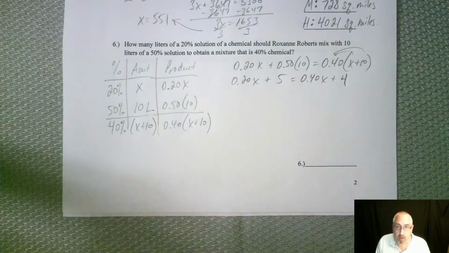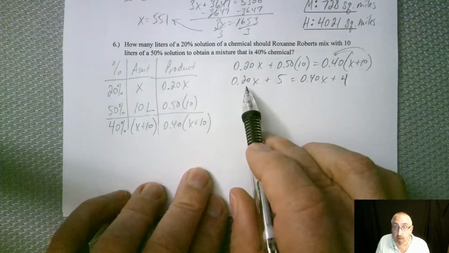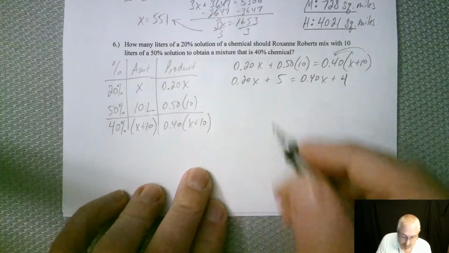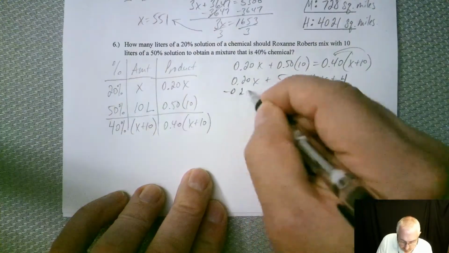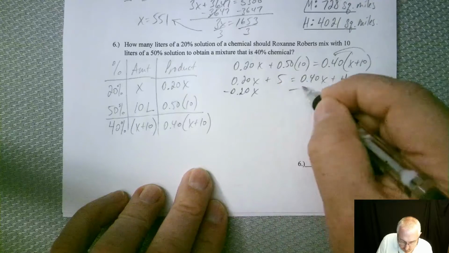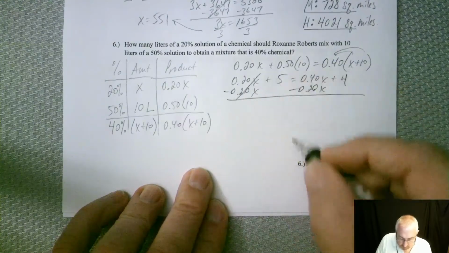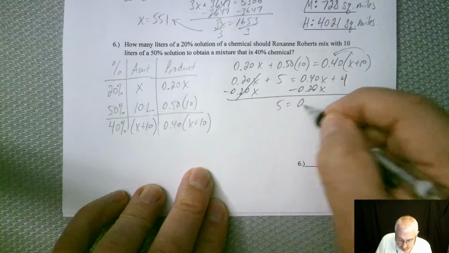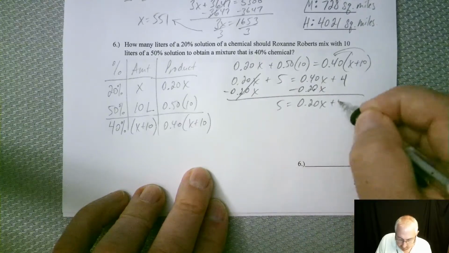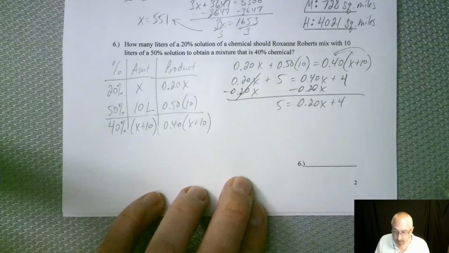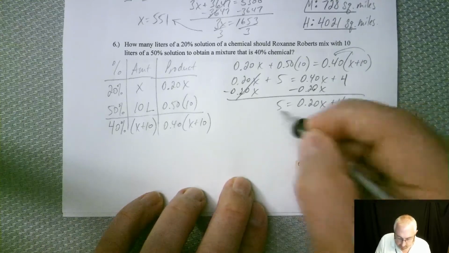And so now we got to start moving stuff around. So this is the smaller X. I'm going to move that over by subtracting it. So that cancels those out. I end up with 0.20x plus 4.